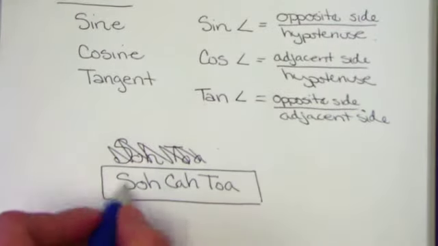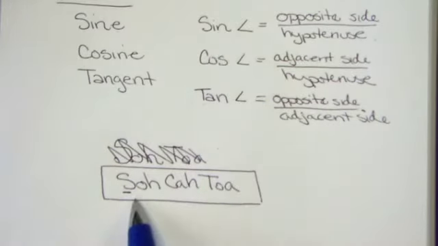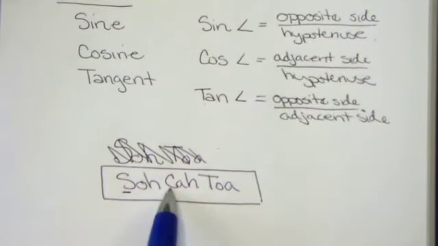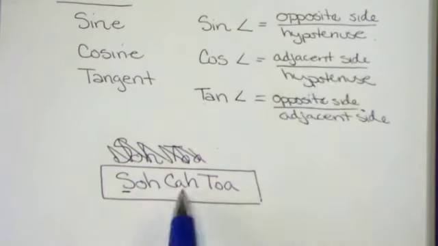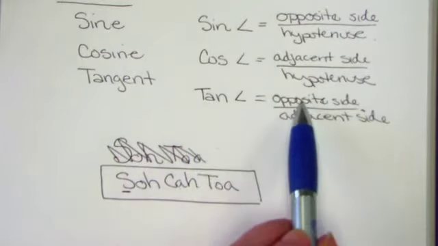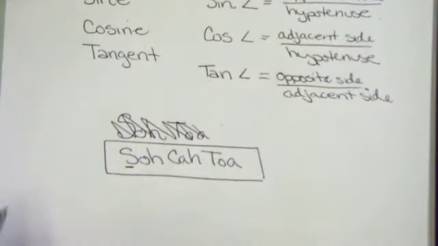You can see here that the S is sine. OH is going to be the opposite over the hypotenuse. C for cosine is equal to the adjacent over the hypotenuse. T for tangent is equal to the opposite over adjacent. SOHCAHTOA. Okay. A few things to remember.